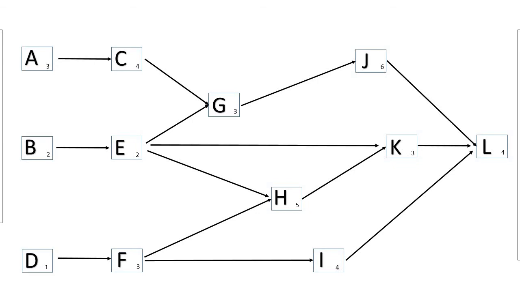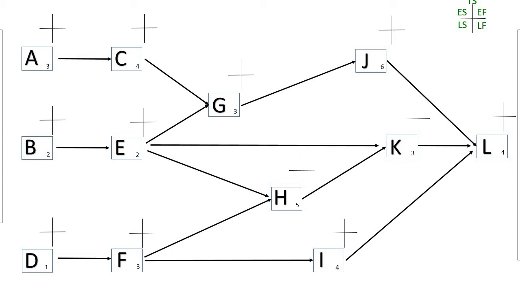So our next step would be to calculate the early start, early finish, late start, late finish, and the total slack. And we have a key there to show, with the crosshairs, what each quadrant represents. And with that, I'll draw one above each activity. So we'll just put that in there.